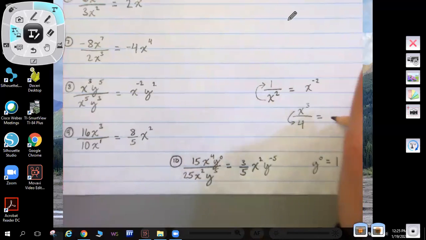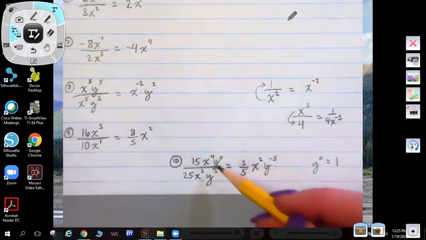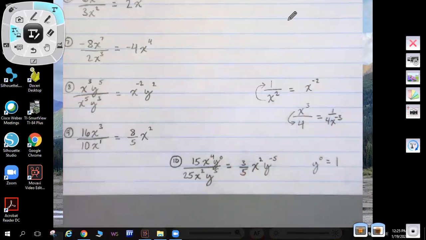It just changes the sign of the exponent. So this would be 1 over 4x to the -3. Anytime you move a term to the numerator or denominator or vice versa, it changes the sign of the exponent. So you can think about what we did as just moving this y term to the numerator, and it makes that exponent negative. Or you can think about it exactly how we worked it, where you're just subtracting from an exponent of 0.